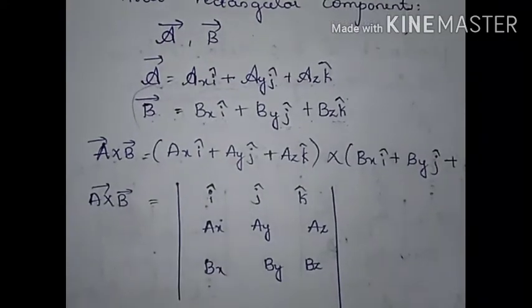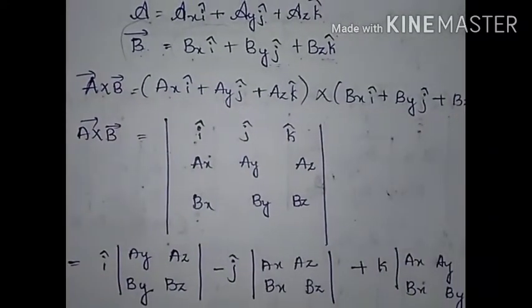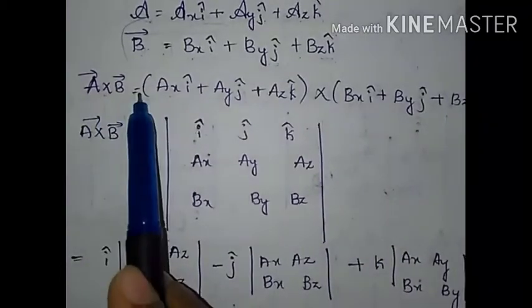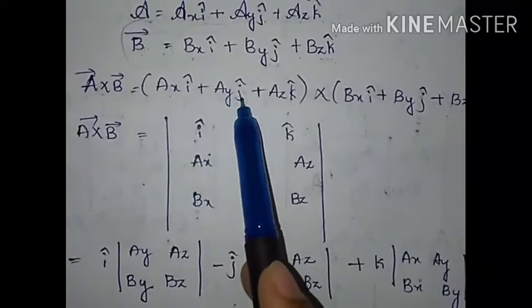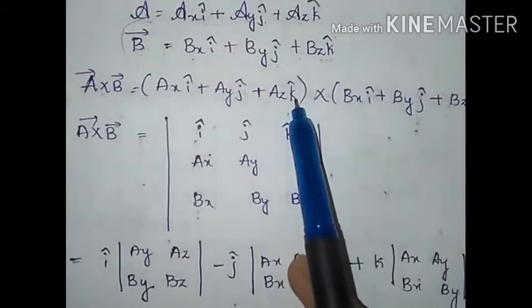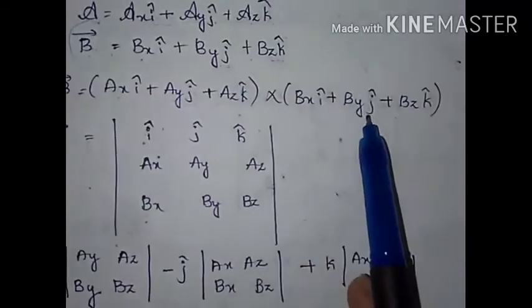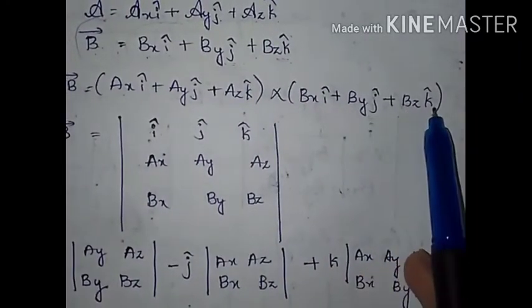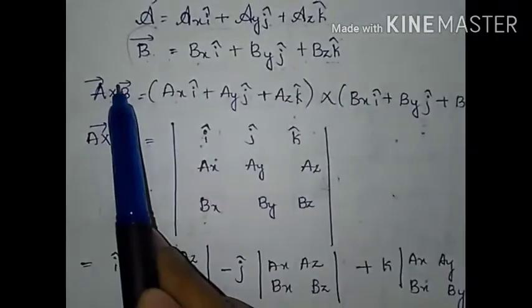Now we have to take the cross product of the two vectors which are given. So A cross B can be written as (Ax i cap plus Ay j cap plus Az k cap) cross (Bx i cap plus By j cap plus Bz k cap). You have to read this as cross.